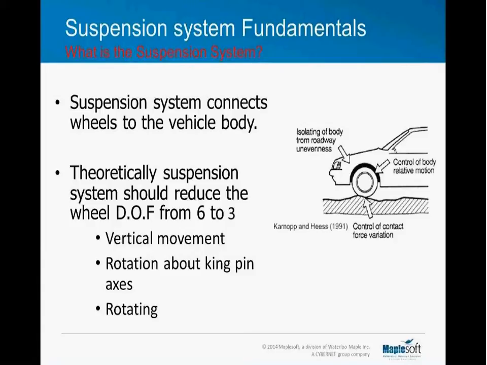For front wheels, which are steerable, the degrees of freedom of the wheel connected to the body would be 3: vertical movement, rotation about the kingpin axis or steering axis, and rotating. And for rear wheels, the wheel is just allowed to rotate and has vertical movement without steering.